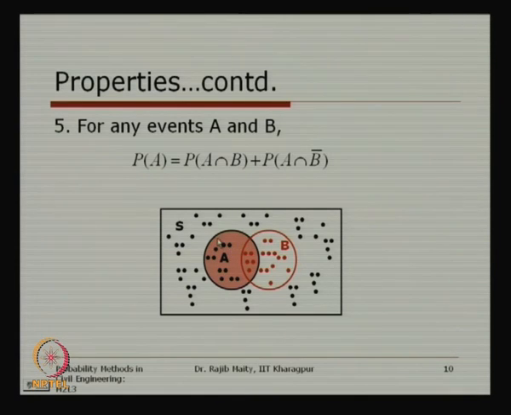So the probability of any one event can be expressed in terms of the summation of its partition, which is in terms of these two events in the sample space.